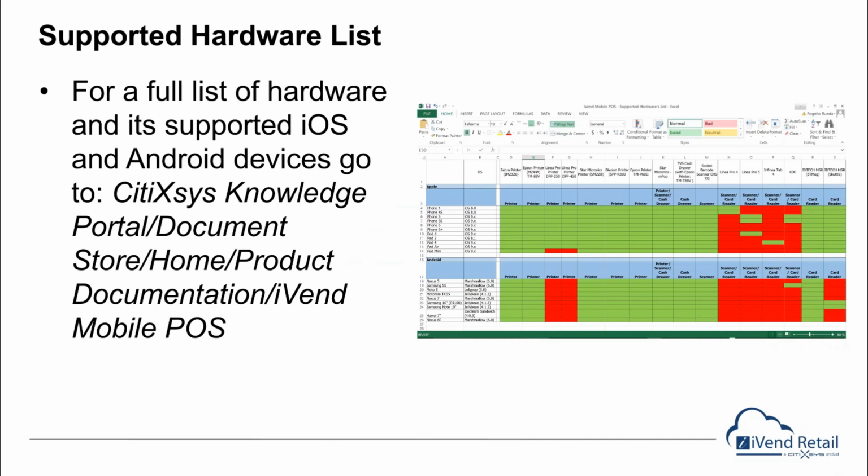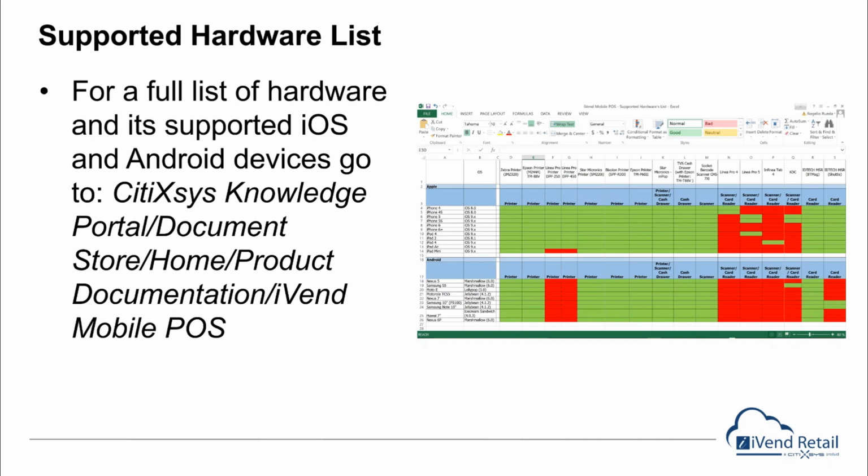But for now, I wanted to share with you this. There is a full list of hardware and their supported iOS and Android devices. All you need to do is go into the City Access Knowledge Portal, go to Document Store, Home, Product Documentation, iVend Mobile POS.